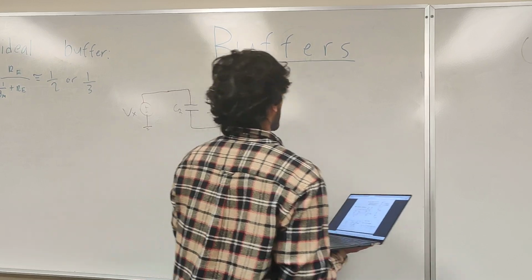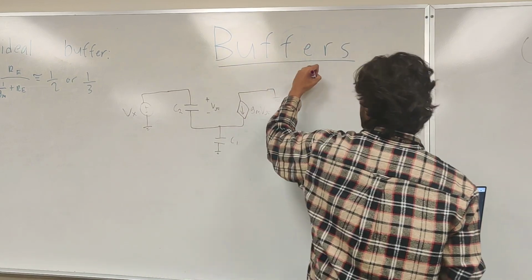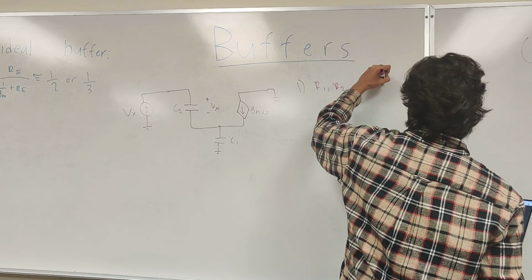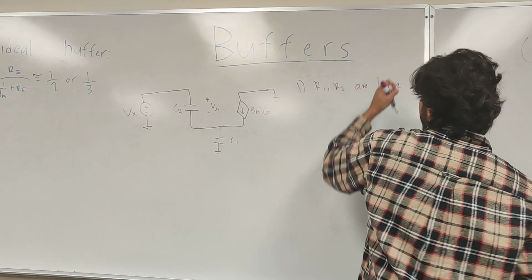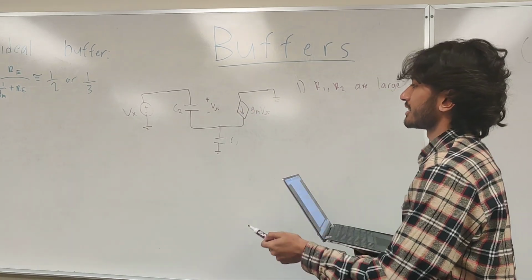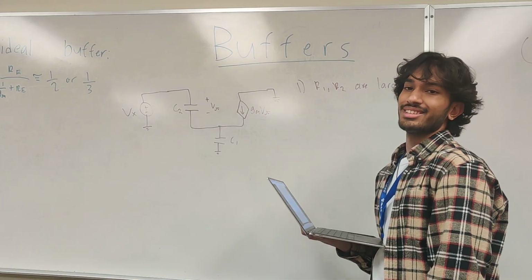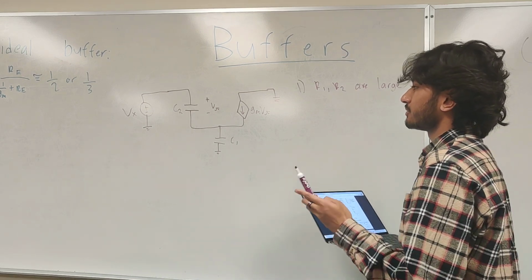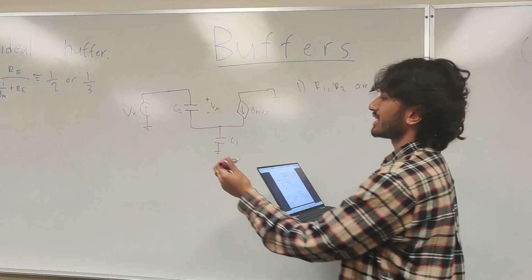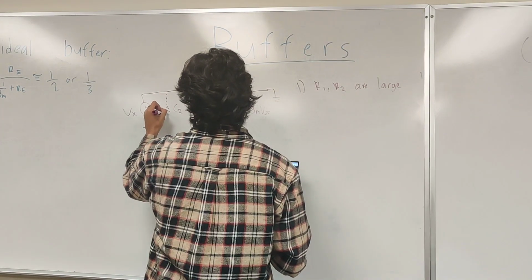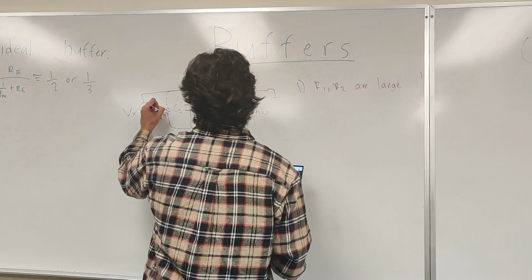Okay, so I'll write down our assumptions here. First is that R1 and R2 are large, so they don't show up in our small signal model. Second thing that's kind of weird is that we don't have an rπ anymore. The reason is that we design our system such that if we were to have an rπ, it would show up over here in parallel with C2.